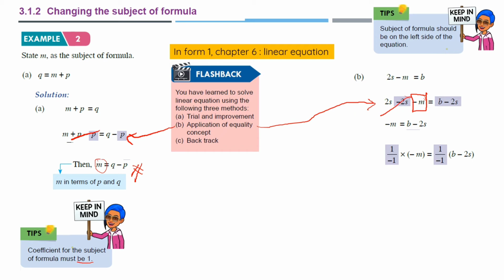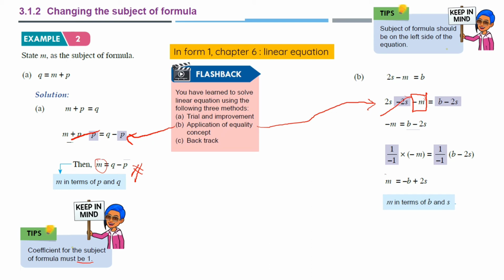Once again, we use the application of the equality concept here. Negative 1 over negative 1 multiplied by negative M equals 1 over negative 1 multiplied by b minus 2s. M equals negative b plus 2s. M in terms of b and s.